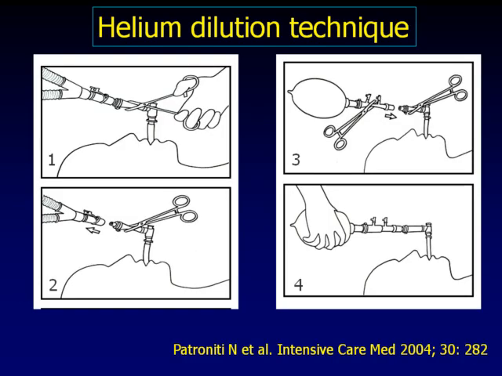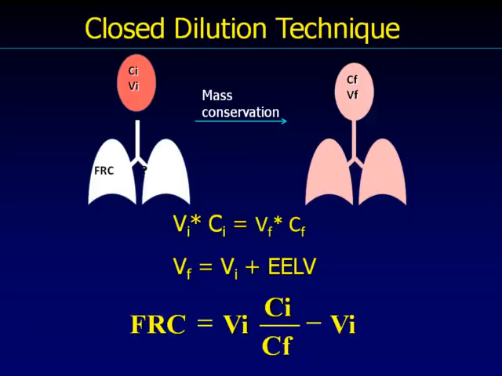We've been measuring end expiratory lung volume for many years in critical care, in intensive care. Personally, we've been using the helium dilution technique by using a bag containing a helium mixture. And the concept is very simple.